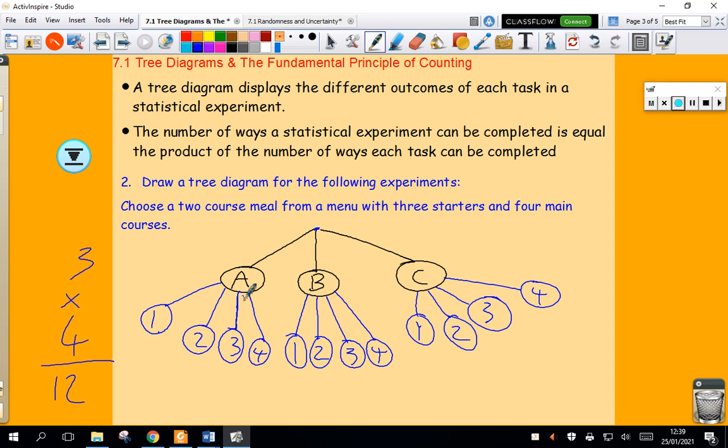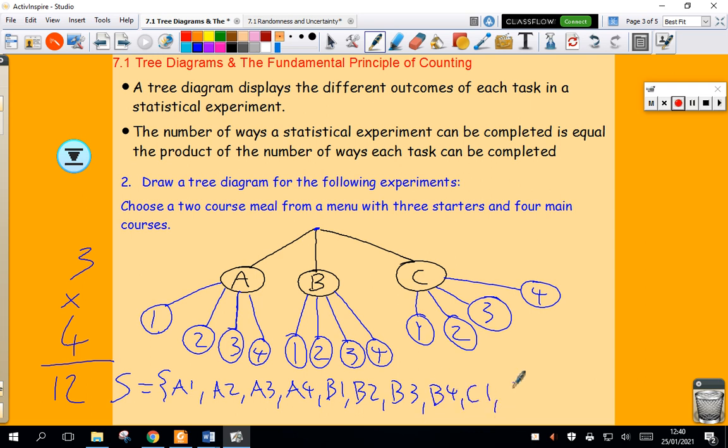I haven't gone and done the work. So that's really all I can say. If I wanted to draw out my sample space, let's just do it. My sample space would have the following: A1, A2, A3, A4, B1, B2, B3, B4, C1, C2, C3, C4.